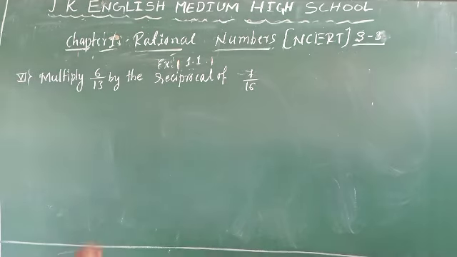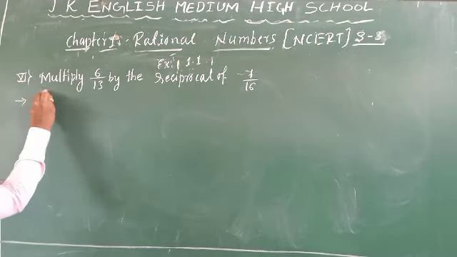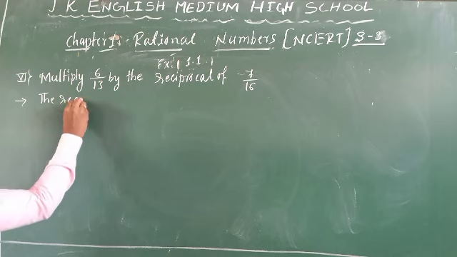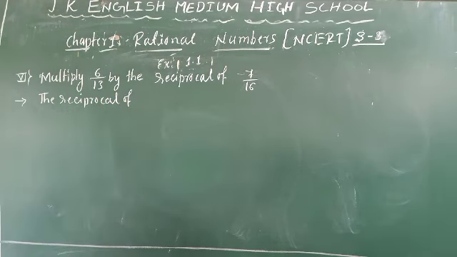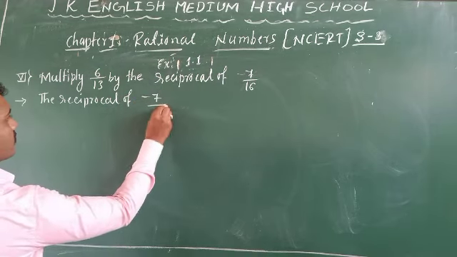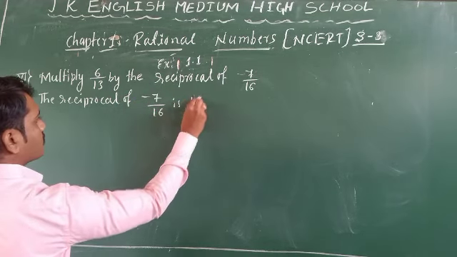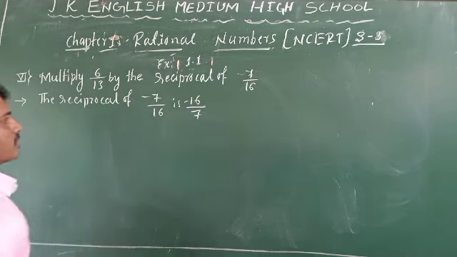First you should write the reciprocal. The reciprocal of minus 7 by 16 is minus 16 by 7.